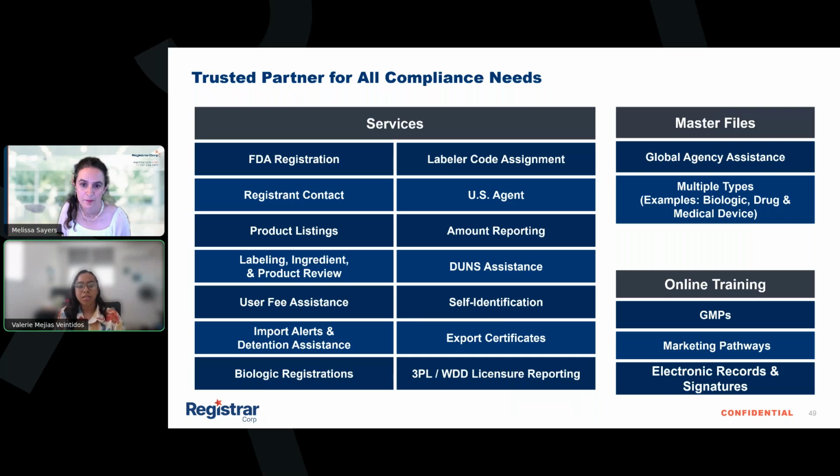For biologic products, we provide biologic registration assistance. We also assist with licensure reports required for third-party logistics and wholesale drug distributors who handle human prescription drugs. That would cover some of our drug services.